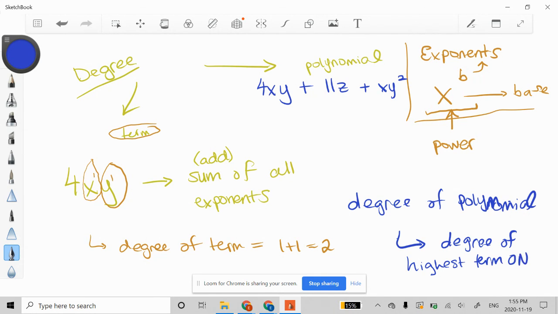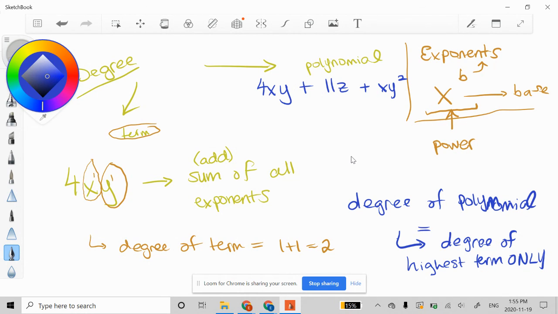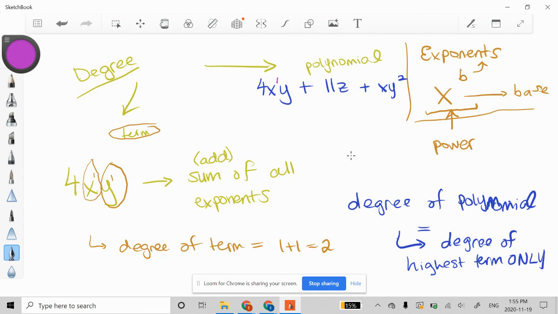So don't add up the degrees of all the terms. That's not right. The degree of the polynomial is the same as the degree of the highest term. So for this example over here, I'm going to go in and write all of my secret exponent 1s.